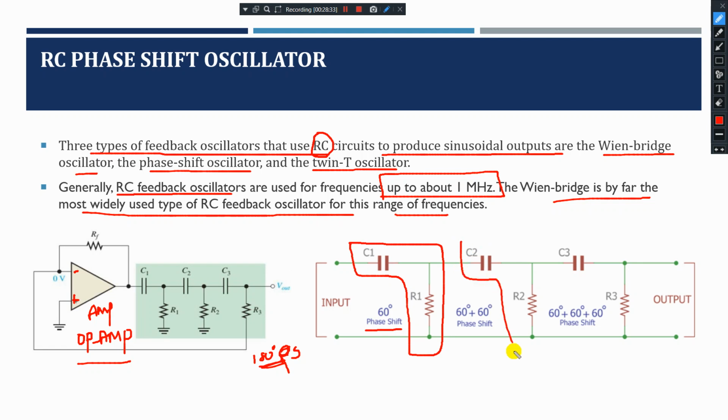With one more tank circuit we have 60 plus 60, a 120-degree phase shift. I need a 180-degree shift, so again one more gives you the 180-degree phase shift. So this is your RC phase shift oscillator. It is a very simple technique, used in most oscillators like phase shift oscillators, Wien bridge oscillators and twin T oscillators. Let us see the output, how exactly it works.